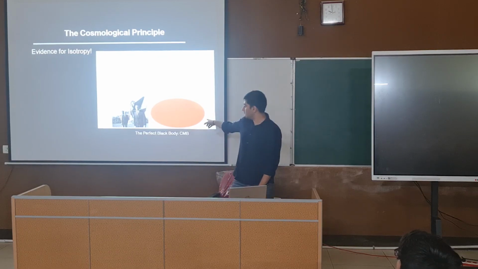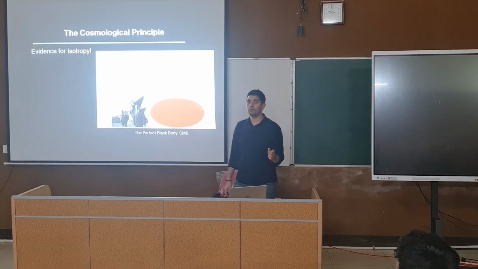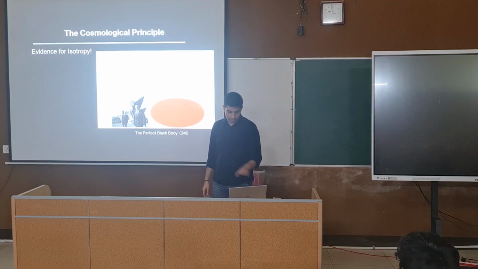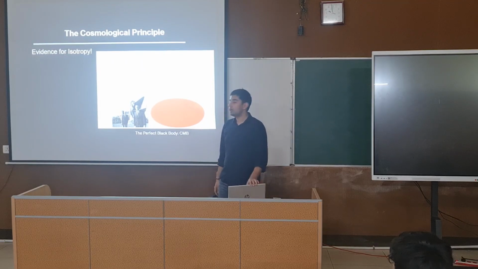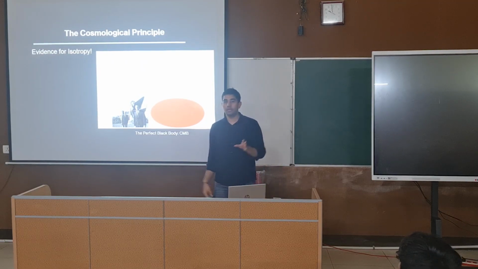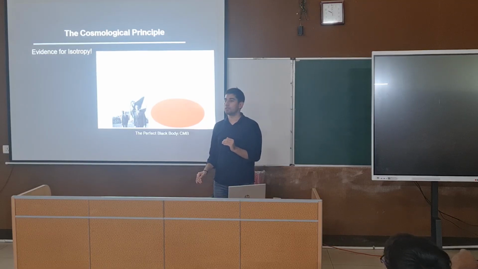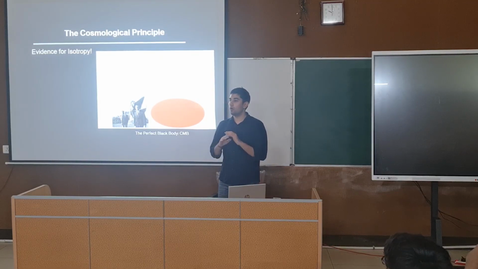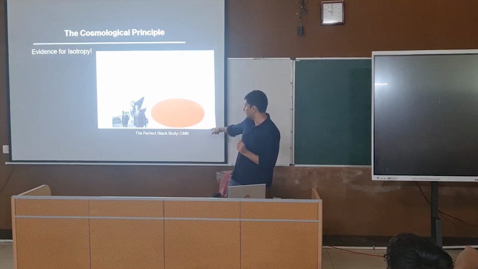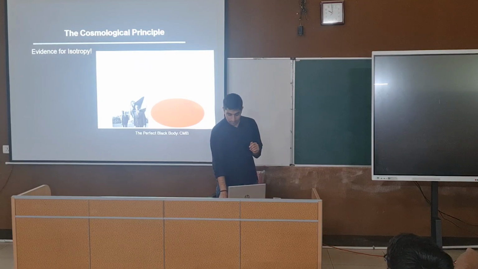But you see that there was a uniform temperature of 2.725 Kelvin. And this was observed all over the sky, in all directions, uniformly. And this was the best black body we had ever observed. Okay? All the directions had temperatures at 2.725 Kelvin.